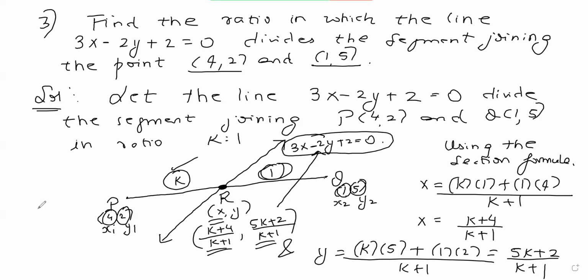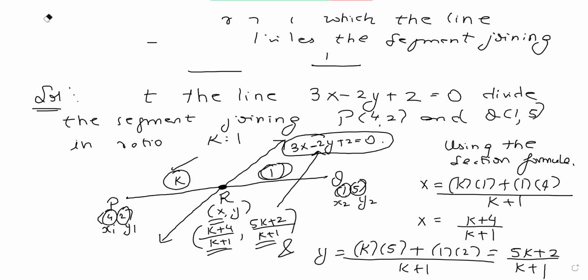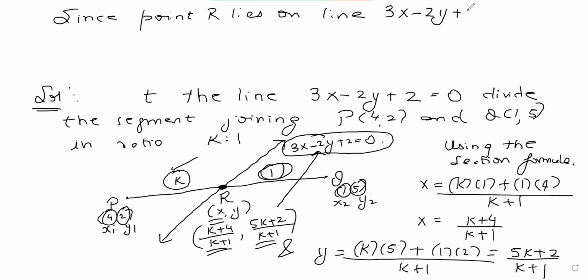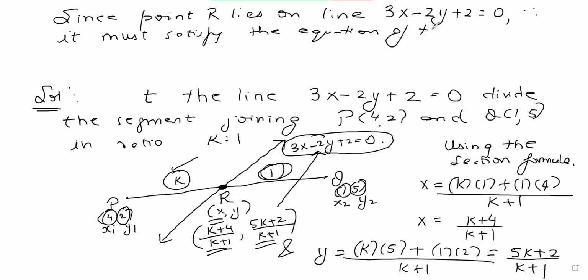So I can erase the initial part. We all know the question now, we need to find the ratio. So erasing the initial part, I can write that since point R lies on the line 3x - 2y + 2 = 0, therefore it must satisfy the equation of this line.